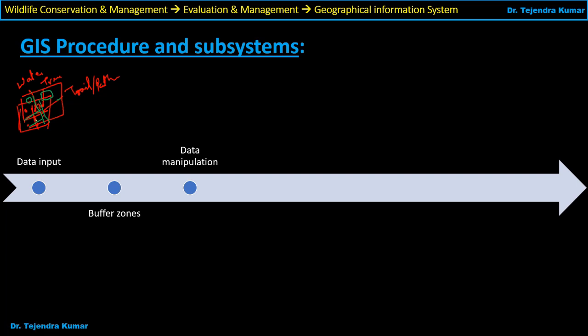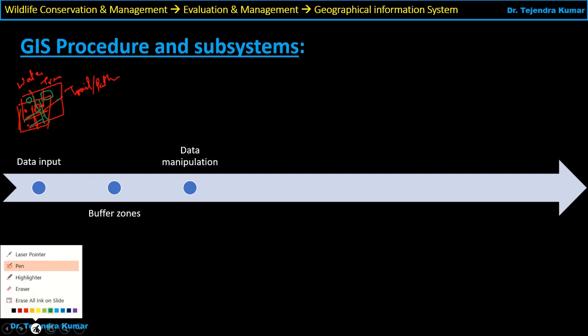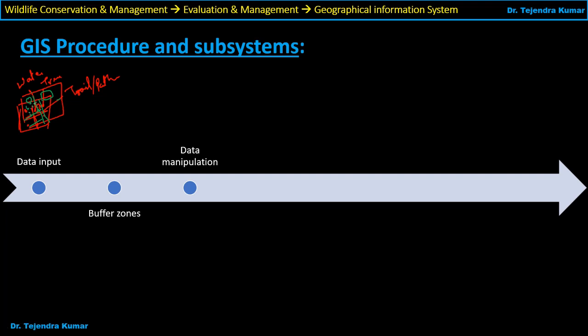Whenever many layers are placed one on one, we have to identify the data. Previous data was different and newer data is different, so we have to identify and analyze them. Different sectors will be made, and in this we are seeing, suppose, greenery. It shows the greenery, so we can see there are many trees and green is available, but here it is not.